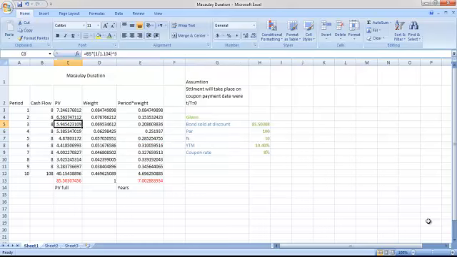In our example, the period is 10 years, so we have here n equal 10. The cash flow is the coupon, 8%, and at last we take the par value plus the last coupon payment, which is the 8.